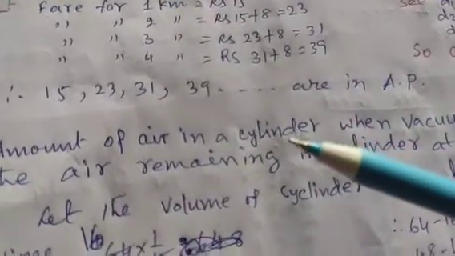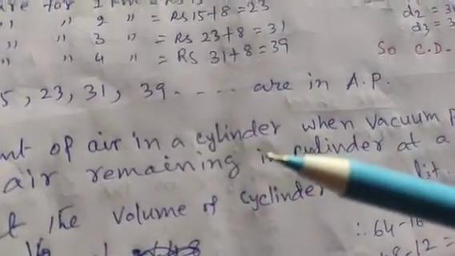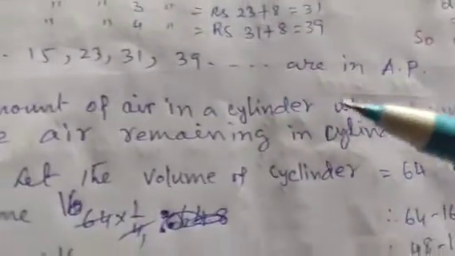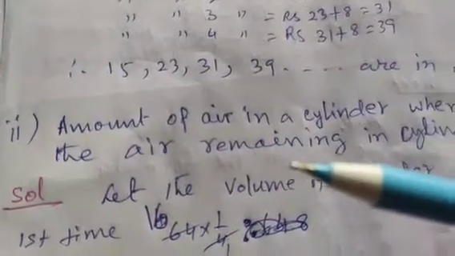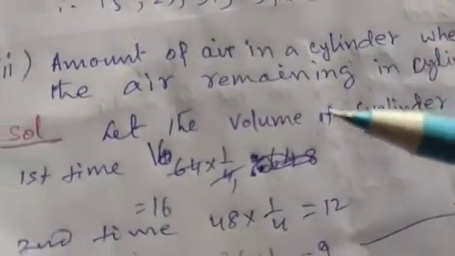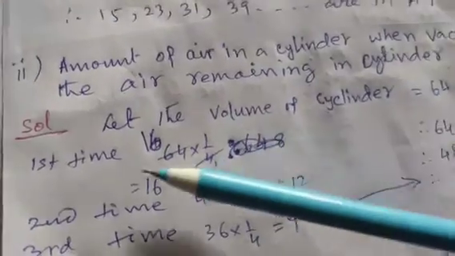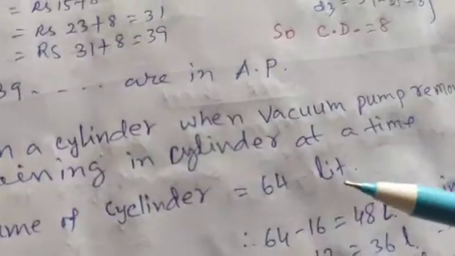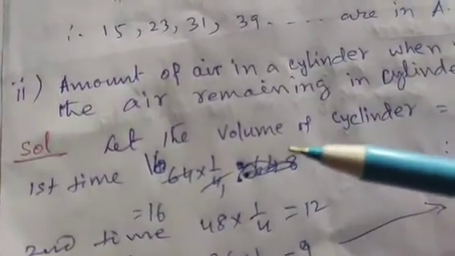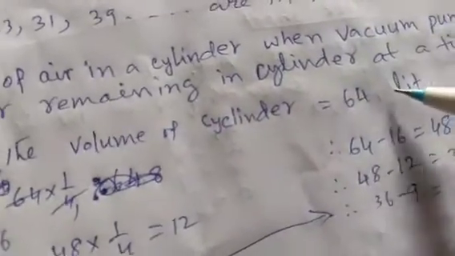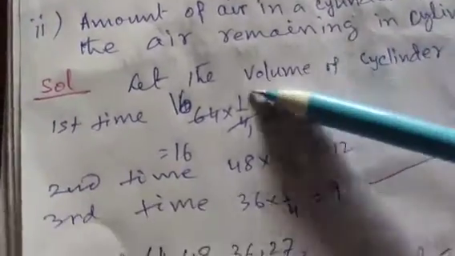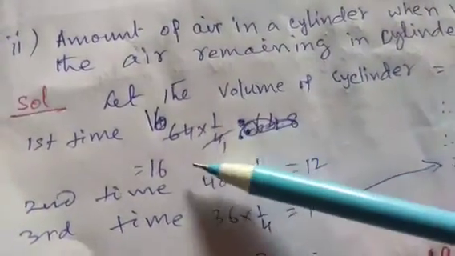He is saying that the volume of air in a cylinder, each time we vacuum, 1/4 of the air is removed, and something remains. Let the volume of the cylinder be equal to 64 liters. First time we are removing 1/4: 64 into 1/4 equal to 16.